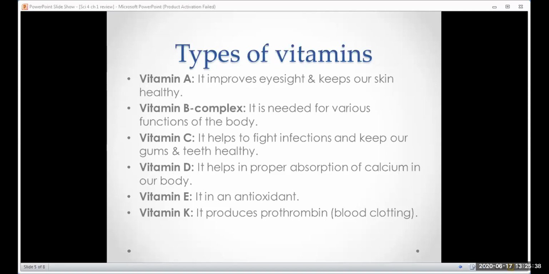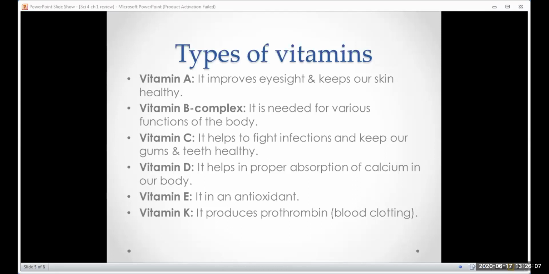Roughage is the fiber part of the food we eat. It cannot be digested and also has no food value, but it is very important as it helps our body to move the undigested food through the digestive system and out of the body.